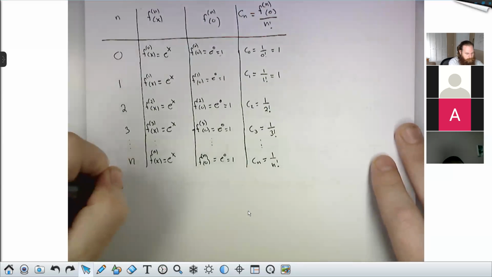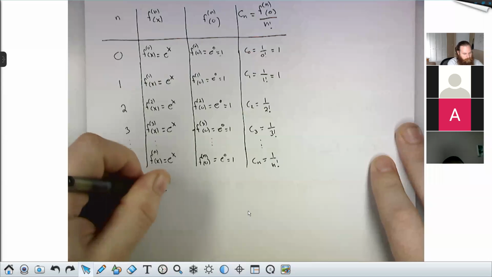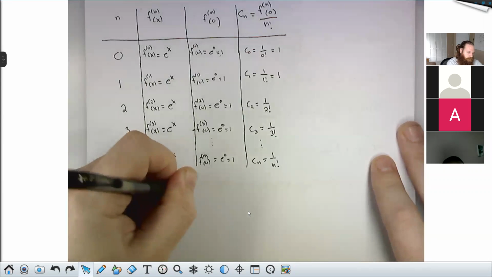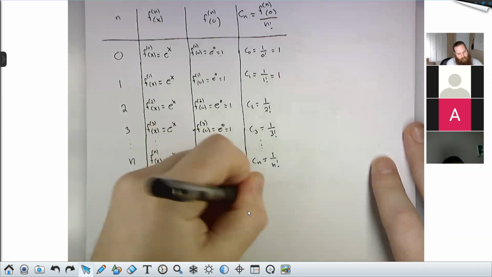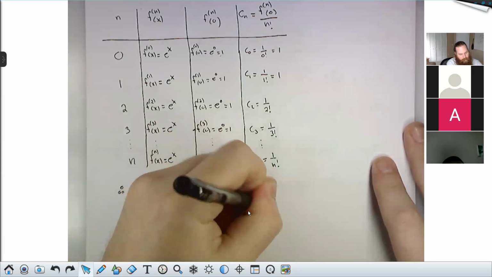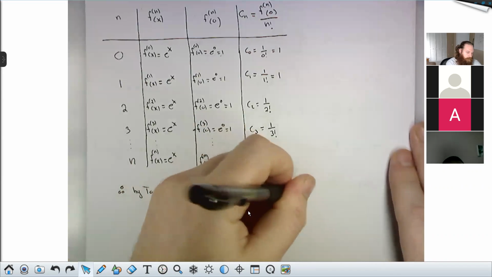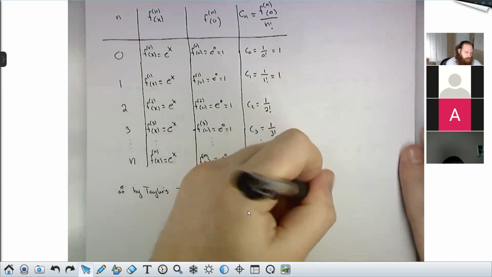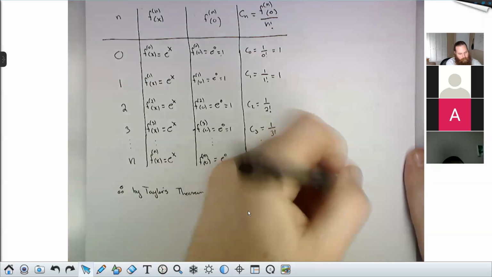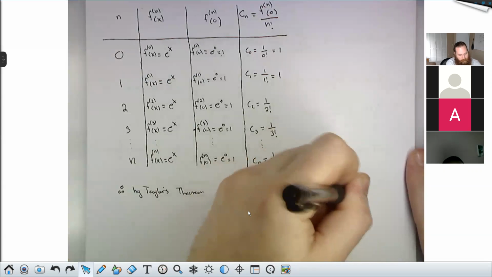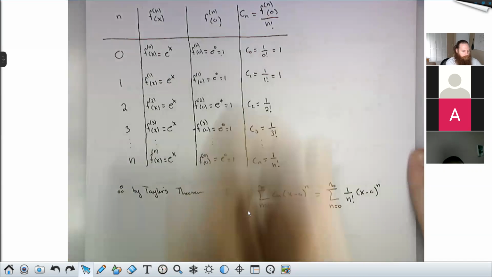Thus, by Taylor's theorem, f of x, which is sigma n from 0 to infinity, Cn times x minus a to the n, is sigma n from 0 to infinity 1 over n factorial times x minus 0 to the n, right?